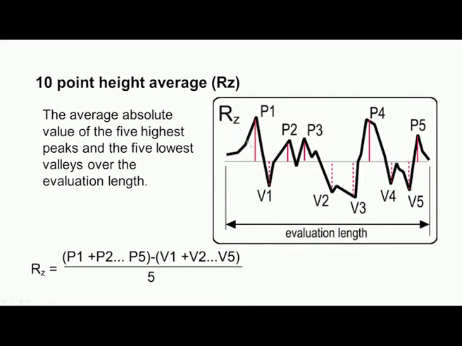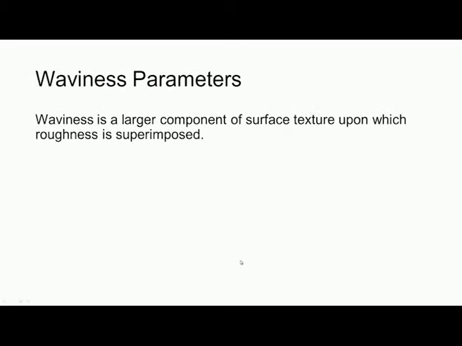And now, the average absolute value of the 5 highest peaks and the 5 lowest valleys over the evaluation length will give us Rz value. That means, we have to add the ordinates P1, P2, P3, P4, P5 and minus the summation of ordinates V1, V2, V3, V4, V5. Then if we feed these values in this expression, we get Rz value, 10-point height average value.